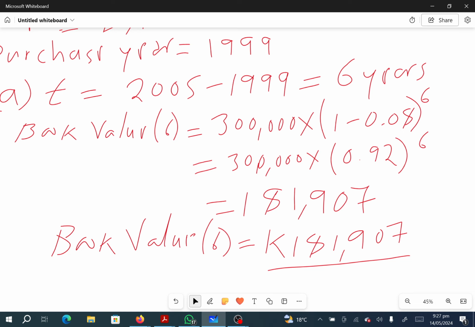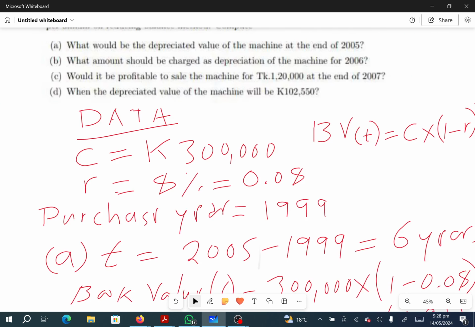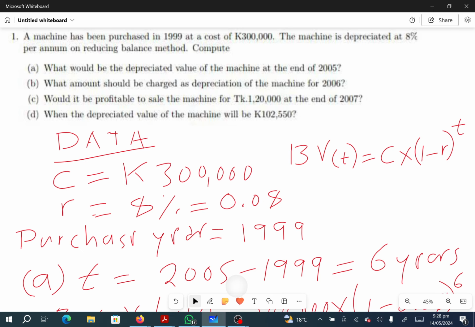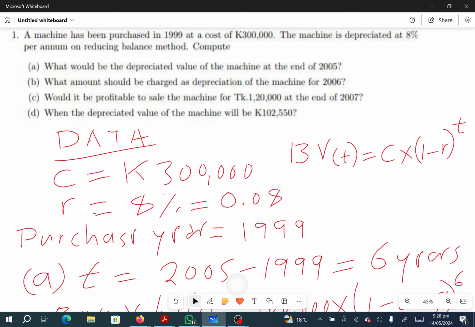Yes, sir. Okay, so we move to B. So B is asking what amount should be charged as depreciation of the machine for 2006.